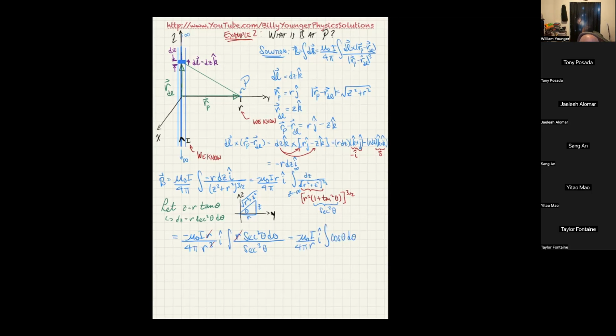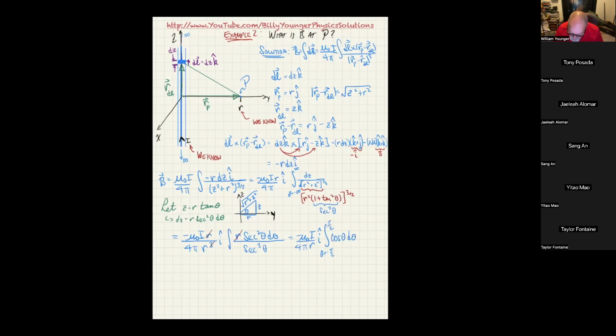So this is 1 over secant theta, which is cosine theta, d theta. And instead of integrating from z equals negative infinity, we're going to integrate from theta equals negative pi over 2 to theta equals pi over 2.